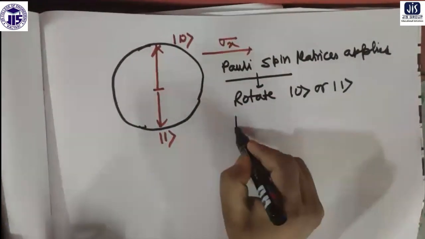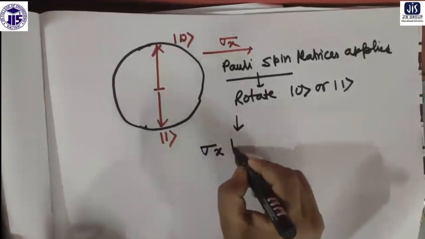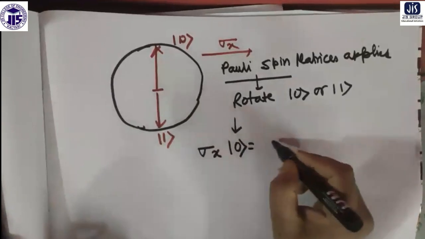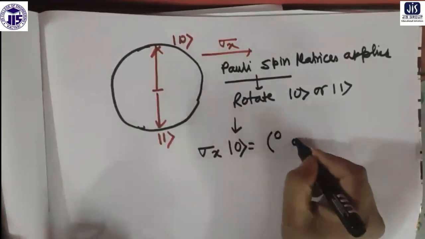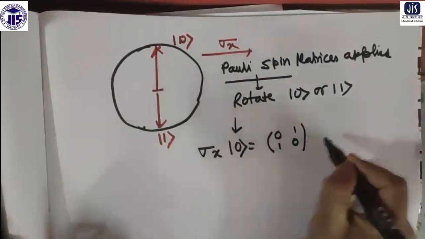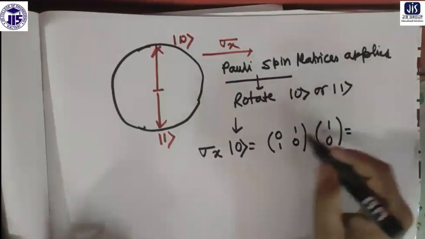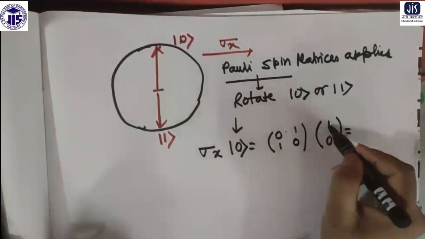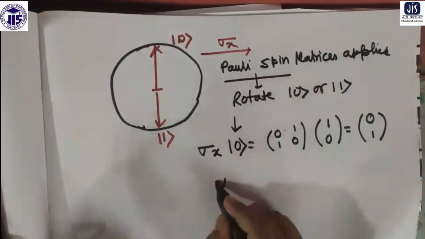Now let me do it. If I operate sigma x on 0, sigma x is nothing but this matrix: 0, 1, 1, 0. Now this 0 is nothing but the column vector 1, 0. So this becomes this much. Now you see you have done a beauty here.